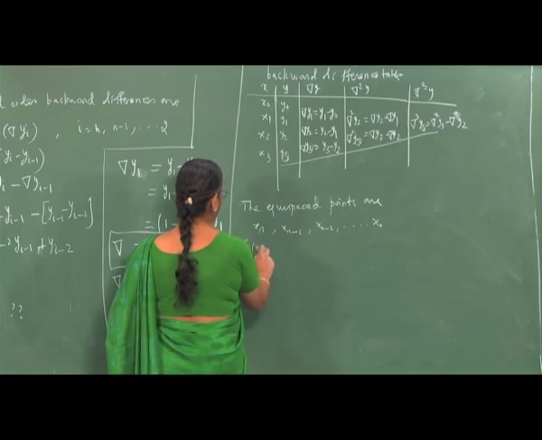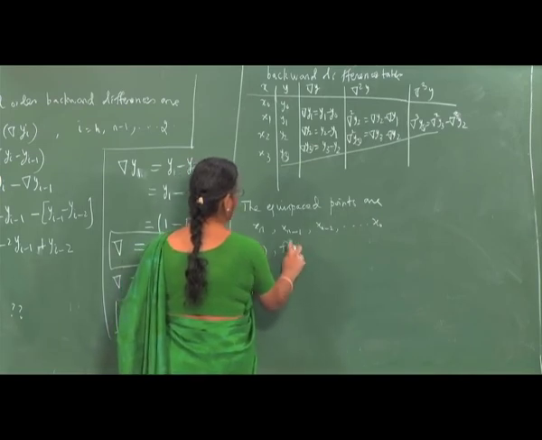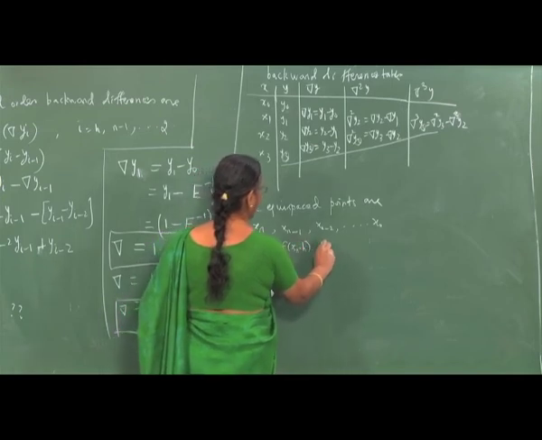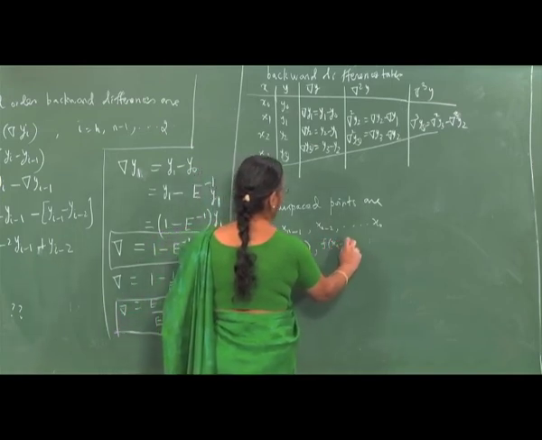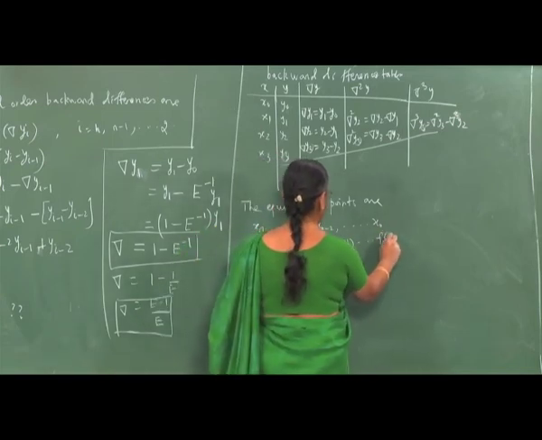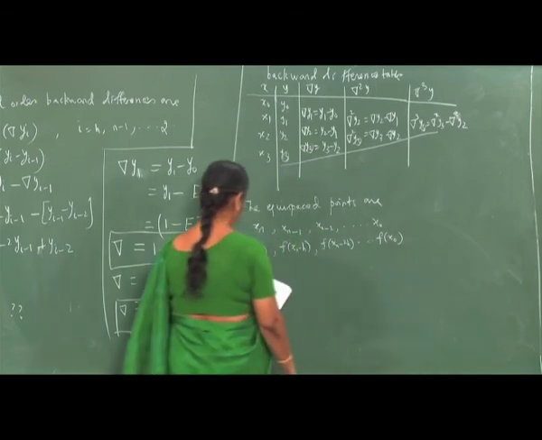The corresponding information is given at f of xn, f at xn minus h, f at xn minus 2h, and so on up to f of x0.